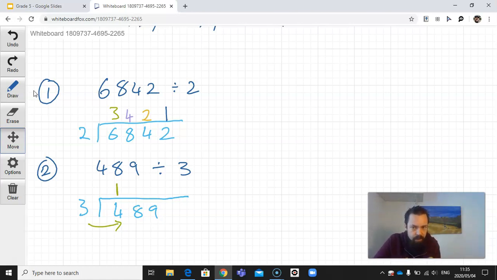It did fit in, but there was something left over. And we can't just ignore that something. So what we're going to do is give that something, our leftovers, to our neighbor. So where did I get my leftover? I said, well, 3 went into 4 once. So I've used up 3 of the 4 and I have 1 left over. And that's the one that I'm giving to the neighbor.